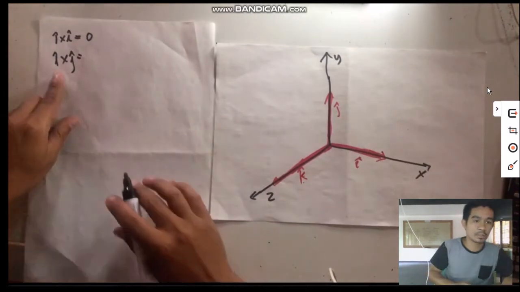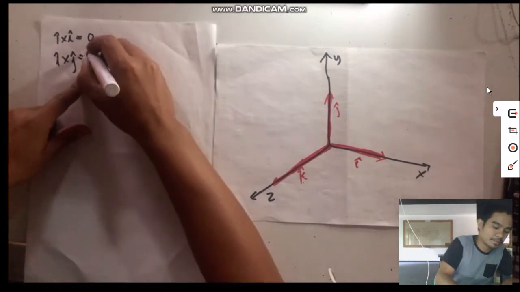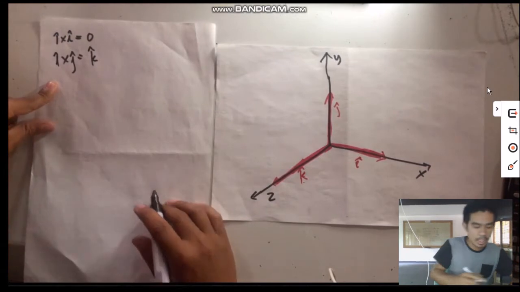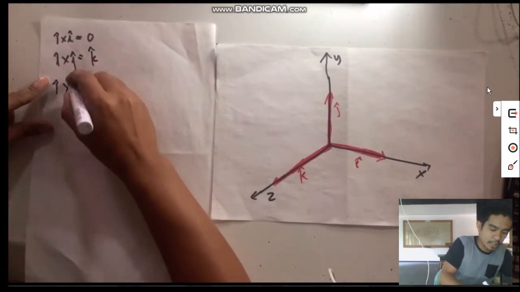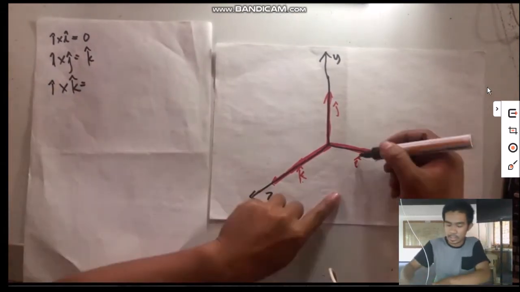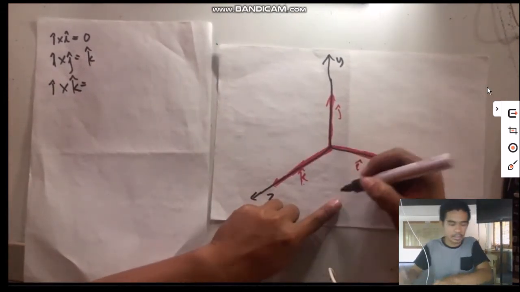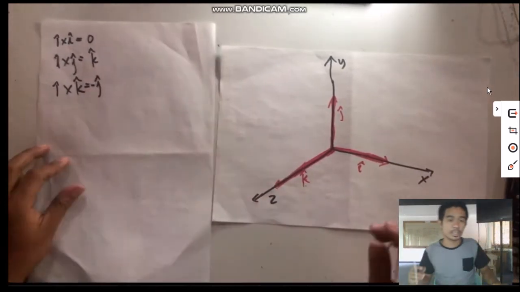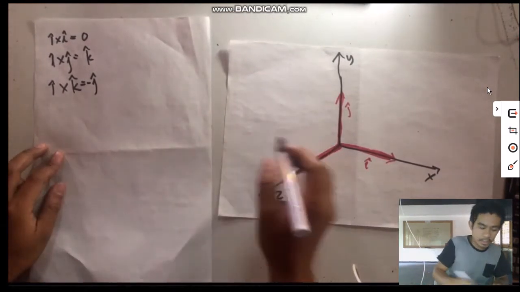So i hat cross j hat is k hat. Alright, how about i hat cross k hat? We go in this direction, and we have negative j hat.